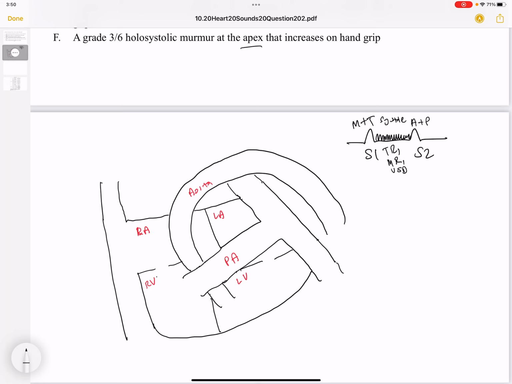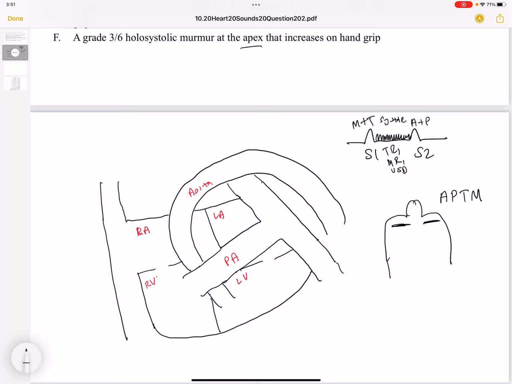Now if we are to draw a person like this, here's the clavicle. The way you want to remember where we can auscultate the heart valves is by using the mnemonic: all patients take medicine.